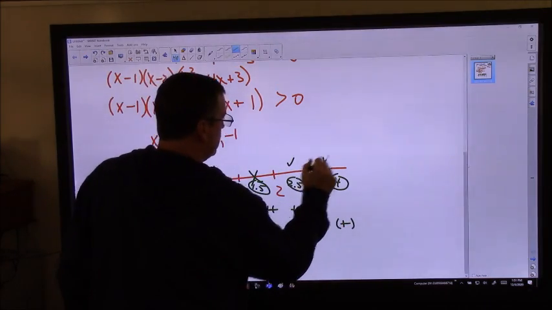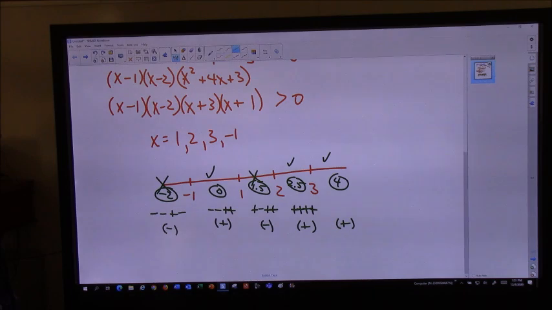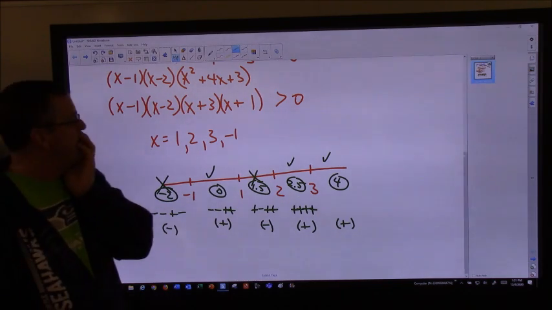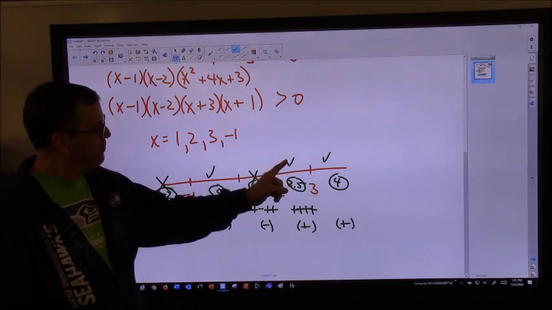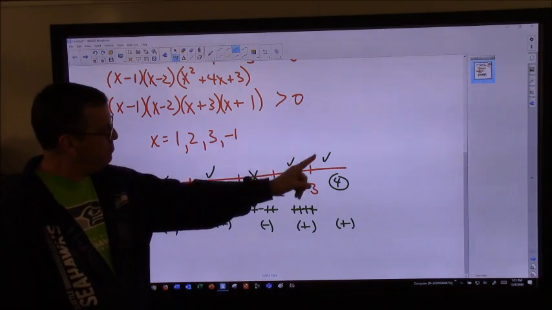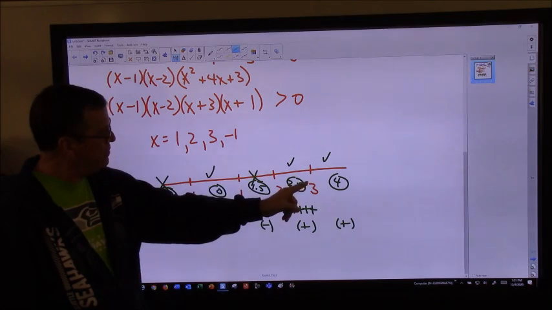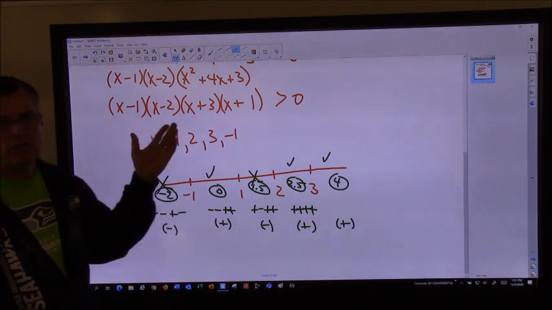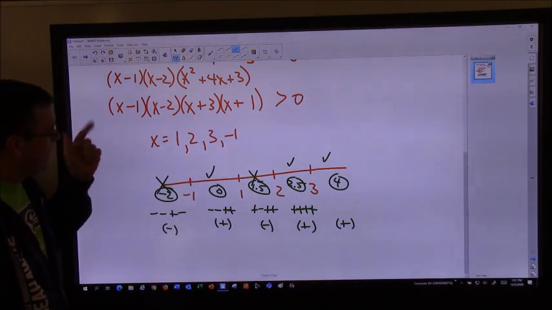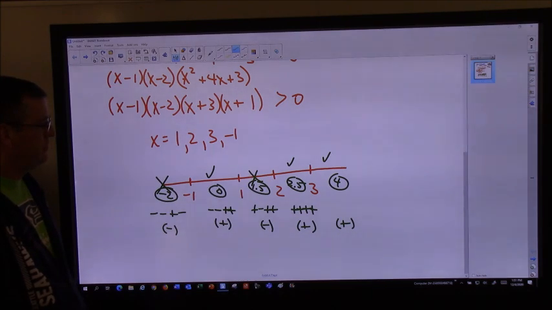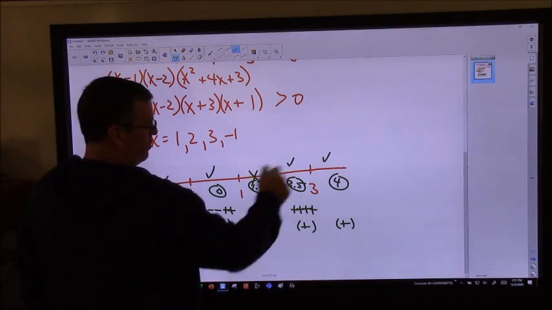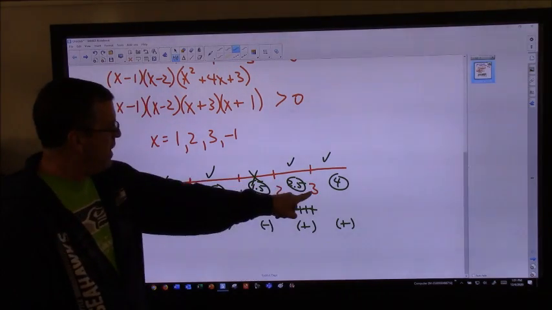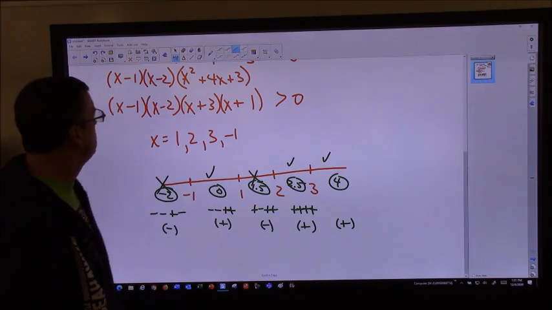So that works and that works. I'm looking at this and I'm thinking to myself, the only way I get two intervals that work, if that's a 0, is if it bounces. And the only way it bounces is if I've got a multiplicity of 2, and that didn't happen. So I'm a little confused about my answer here. I didn't expect to see that where I had two intervals side by side that worked. If that in fact is a 0.